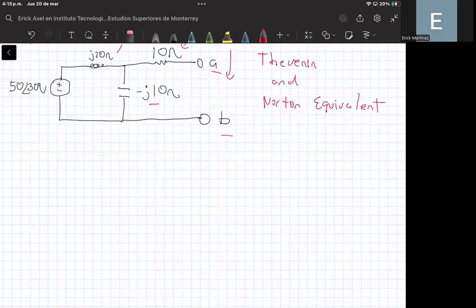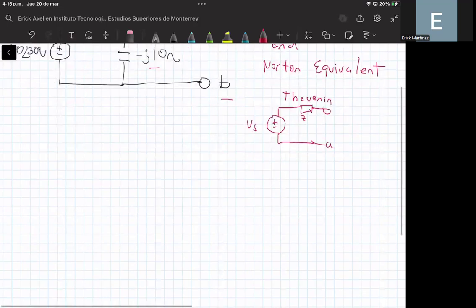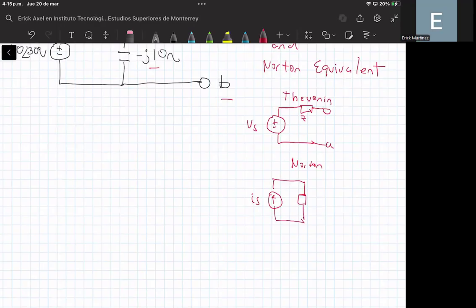So first, I think that it is useful that we define that the Thevenin equivalent, okay, consists of a voltage source in series with the impedance, okay? This is the Thevenin equivalent, and the Norton equivalent consists of a current source in parallel with the impedance of the circuit, okay?